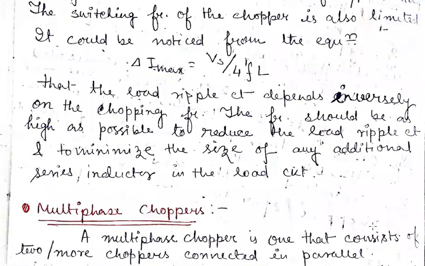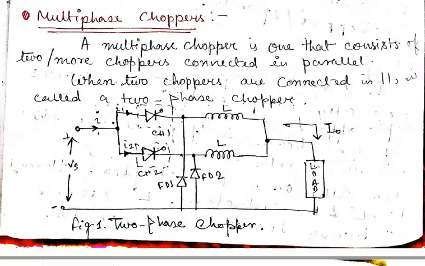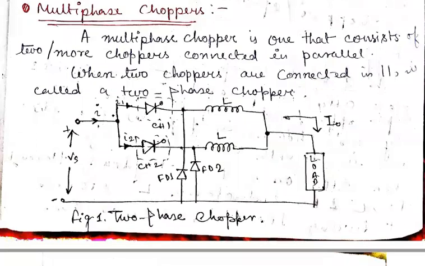Then we are going to discuss the multi-phase chopper. In the normal chopper circuit we discussed before, there is only one power semiconductor device and a freewheeling diode, that is, a switch, a freewheeling diode and an inductor.